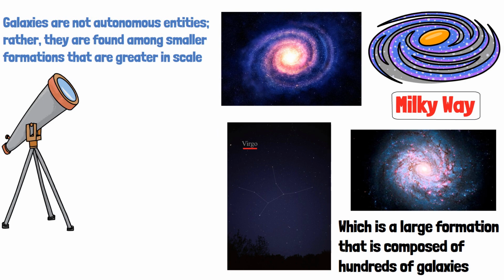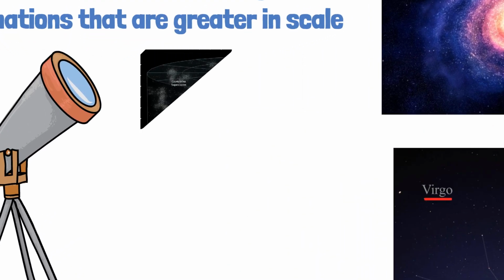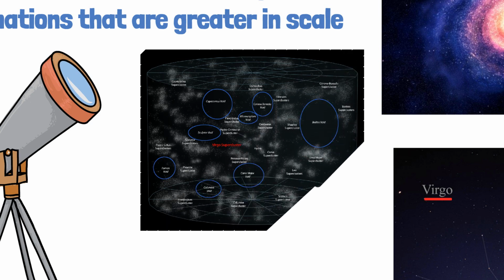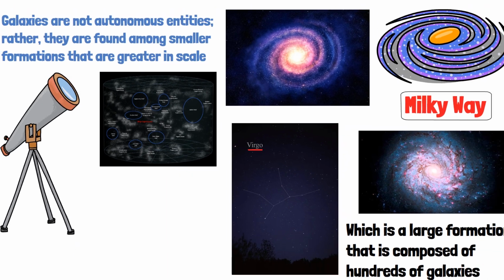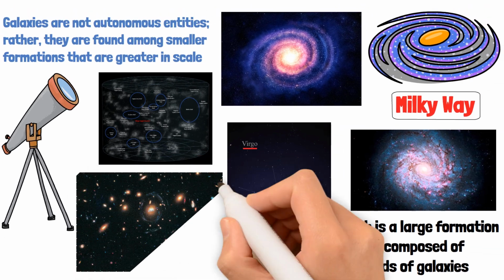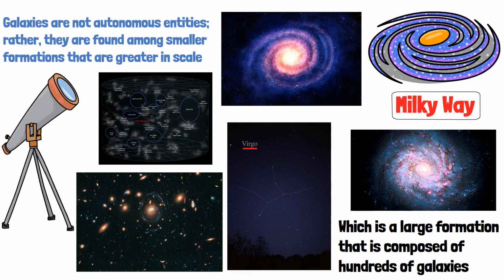There are immense empty areas that are referred to as cosmic voids that separate superclusters from one another. Superclusters are the largest formations that can be found in the existence of the universe.